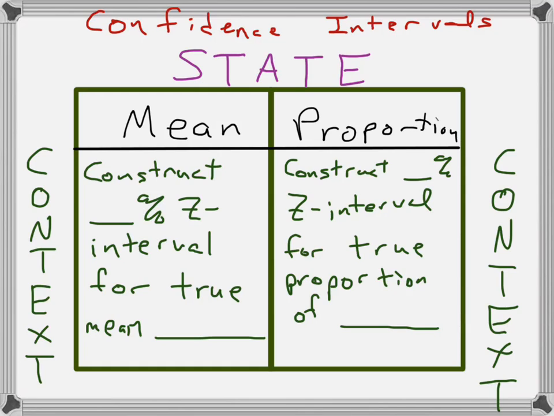So we might choose 95% confidence, we might choose 90% confidence, or 99% confidence. And the mean might be the average heart rate of 57-year-old males, or proportions might be the proportion of high schoolers that will get into a car accident in the next year, something like that.